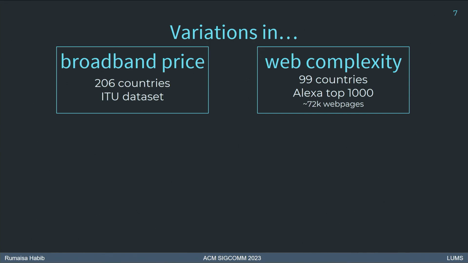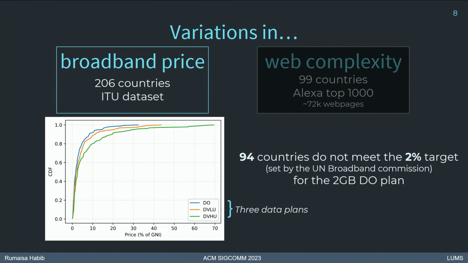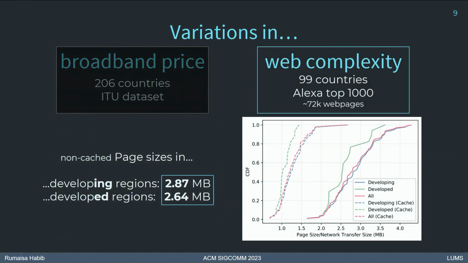Zooming into broadband price, the UN Broadband Commission considers broadband in a region to be affordable if it costs 2% or less of that region's gross national income per capita. We found that 94 countries currently do not meet that target for a 2 GB data-only plan. Moving on to web complexity, we see that in developed regions, the popular sites have an average page size of 2.64 MB, while it's higher in developing regions, at 2.87 MB.